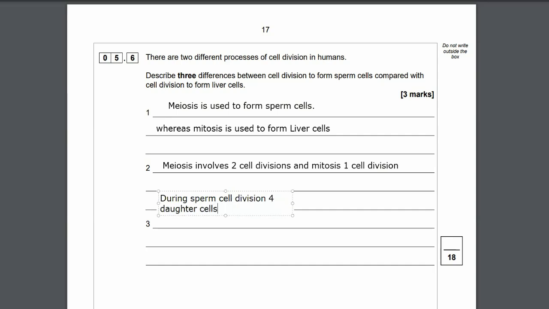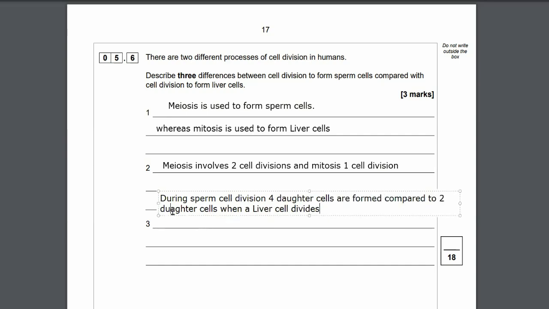So we can say 4 daughter cells are formed compared to 2 daughter cells when a liver cell divides. So we get 2 daughter cells.